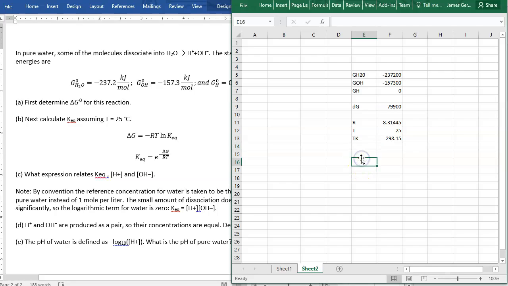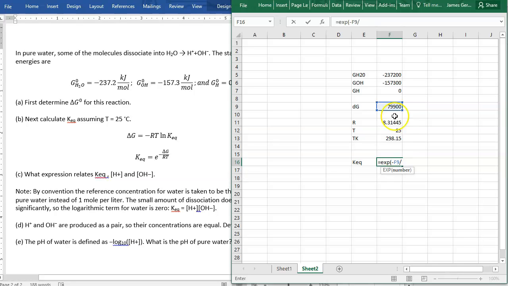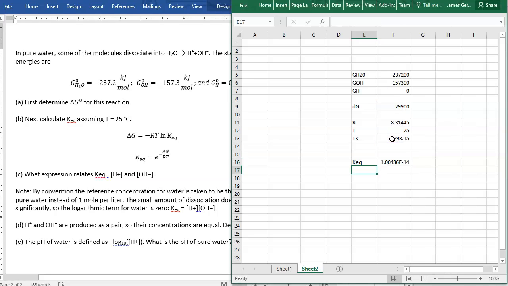And so now we can talk about this equilibrium: exp of minus dG divided by R, and then divided by the temperature in Kelvin. So now we are here. We have K equal to 1.0486 times 10 to the minus 14.